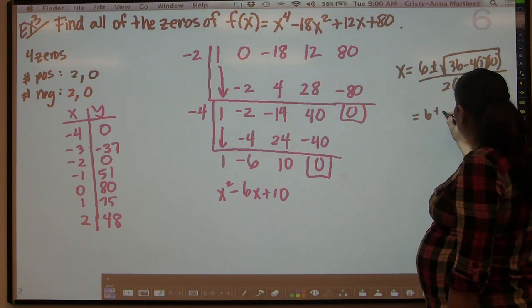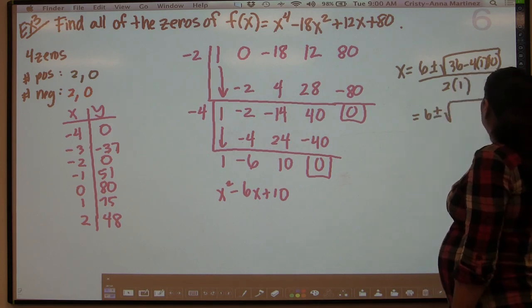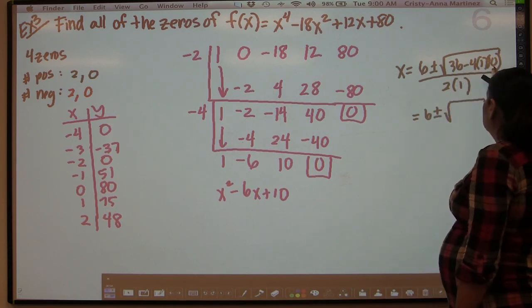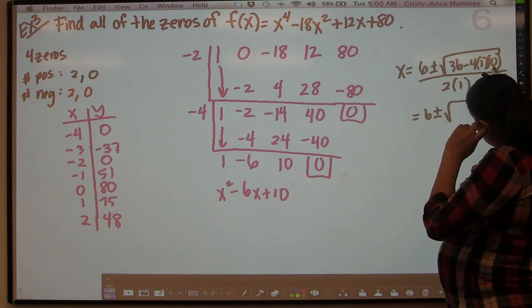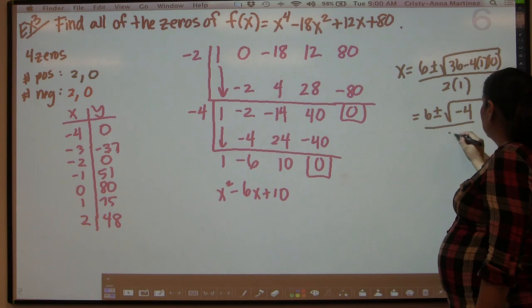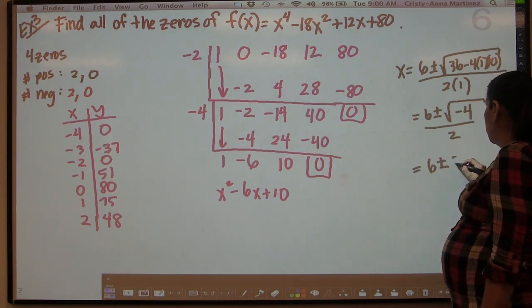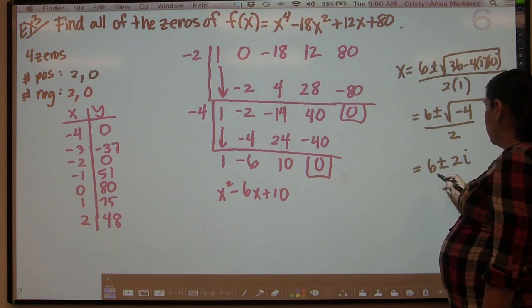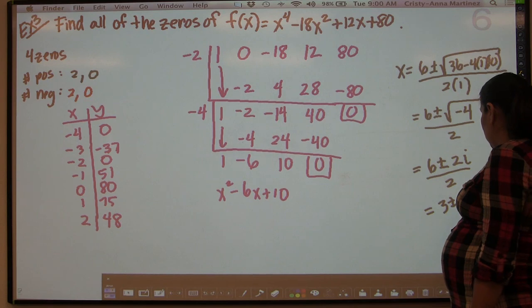So 6 plus or minus the square root of 4 times 10 is 40, so 36 minus 40 is going to be -4, and that's why we're going to get some imaginary numbers here. 6 plus or minus the square root of 4 is 2, but it's negative, so it's going to be 2i over 2. And 6 divided by 2 is 3 plus or minus i.